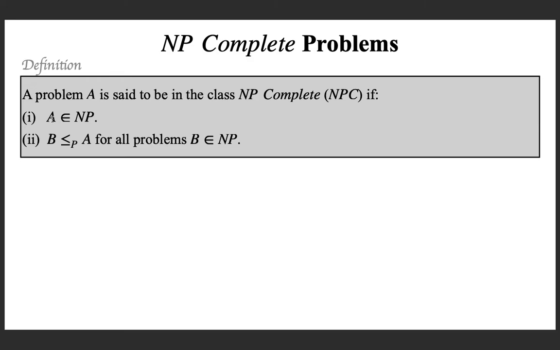So this is the definition. What is NP completeness? A problem is said to be NP complete if it is an NP problem and also satisfies the condition that any other problem in the class NP can be reduced to this problem in polynomial time. Any such problem is an NP complete problem.